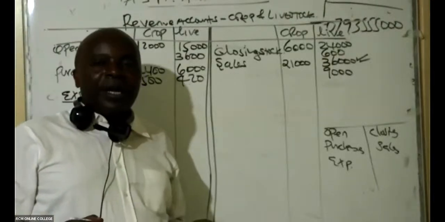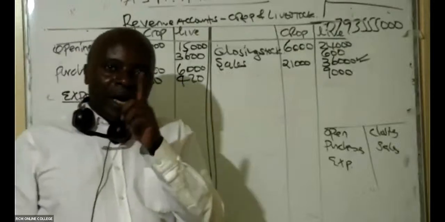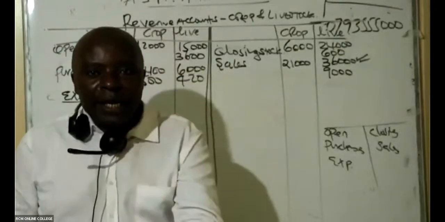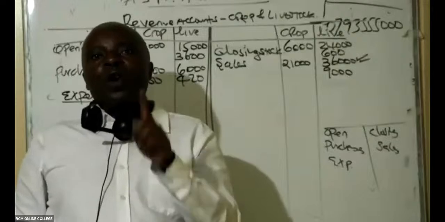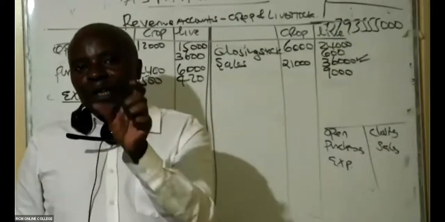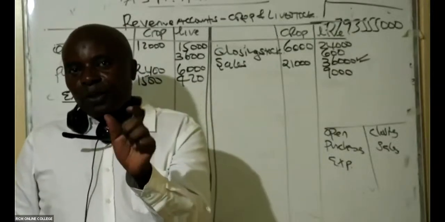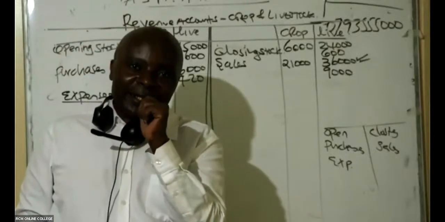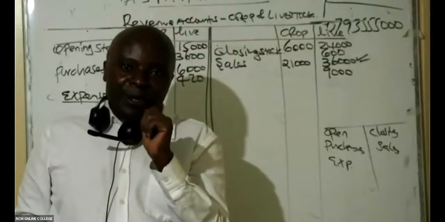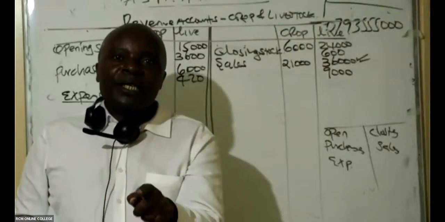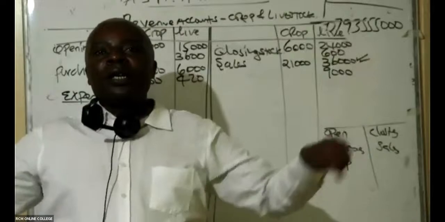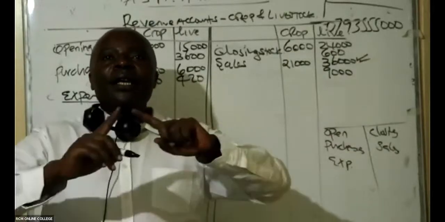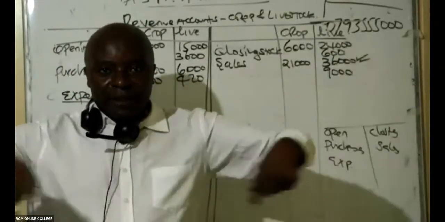And remember, to the revenue account we normally take specific expenses, those that you can tie to a biological asset. There are two types of expenses, basically. There are those expenses that are general, incurred for all the biological assets in the farm.